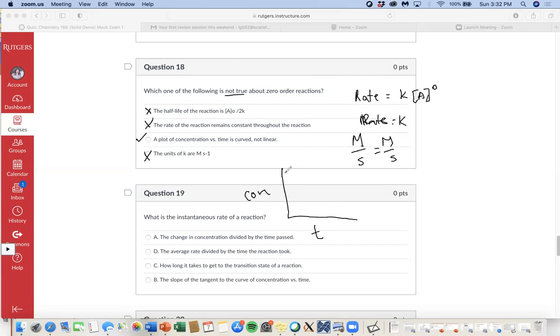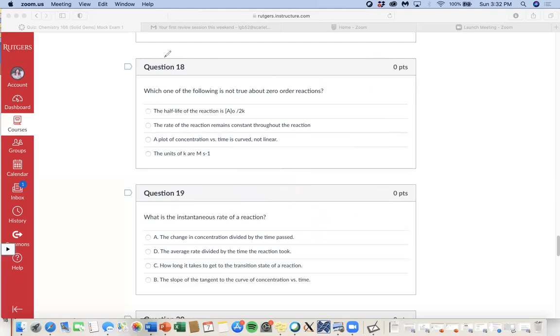Your rate of reaction remains exactly the same, so it's just a linear graph. At any point in your reaction, your slope is always the exact same because your rate of reaction is always the same. So the plot is actually linear for a zero order reaction. The correct answer, which is false, is that a plot of concentration versus time is curved, not linear. Are there any questions about that one?